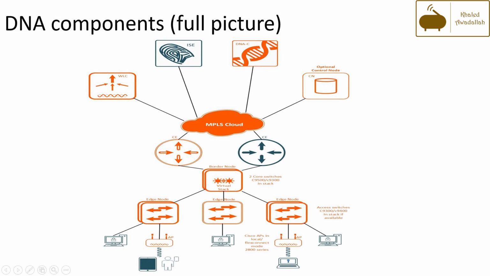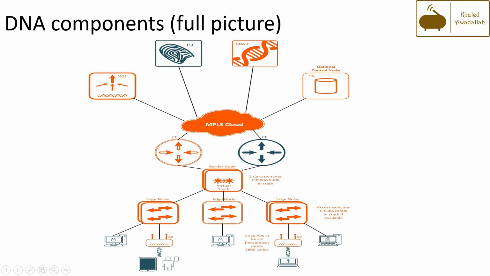Finally, this is the full picture of DNA. The actual network may be different. You have your wired and wireless users. You have your access points, access switches, and core switches. Here, for access points, as we mentioned, you have 2 options.